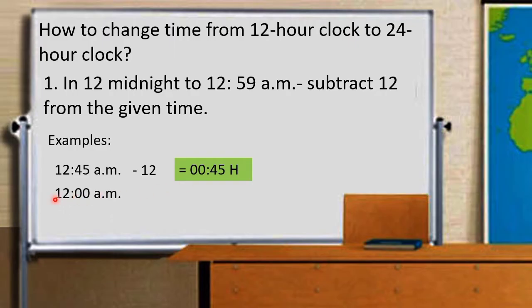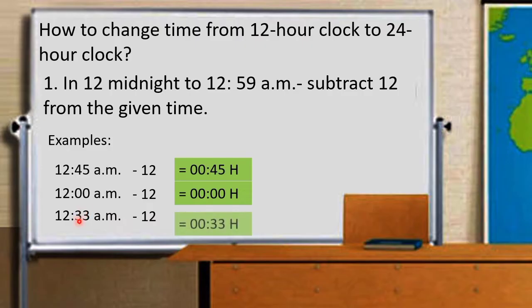Next is 12 AM, you subtract 12 from 12 AM, the answer is 0000 hours. And we have 12:33 AM minus 12, the answer is 00:33 hours.